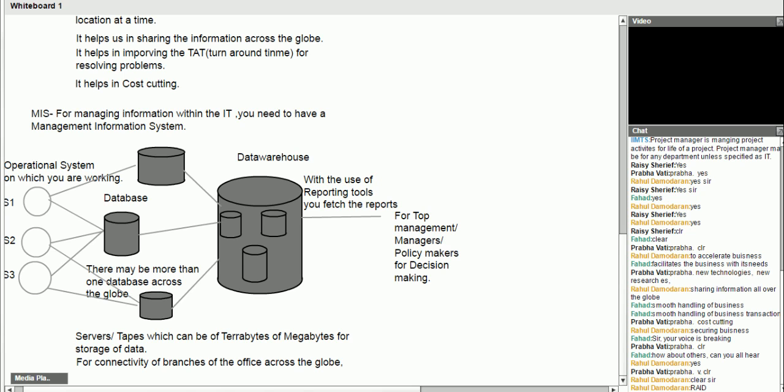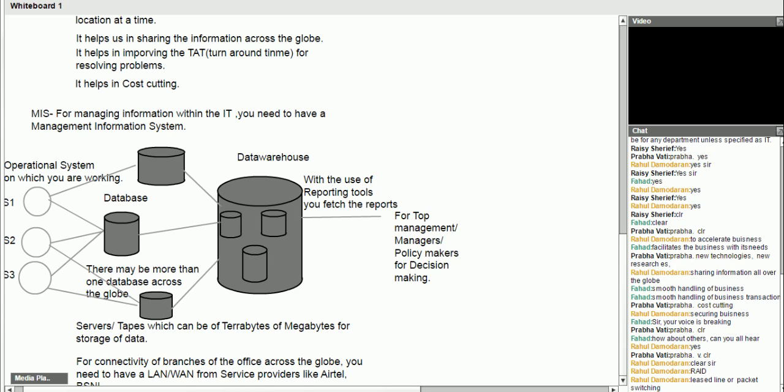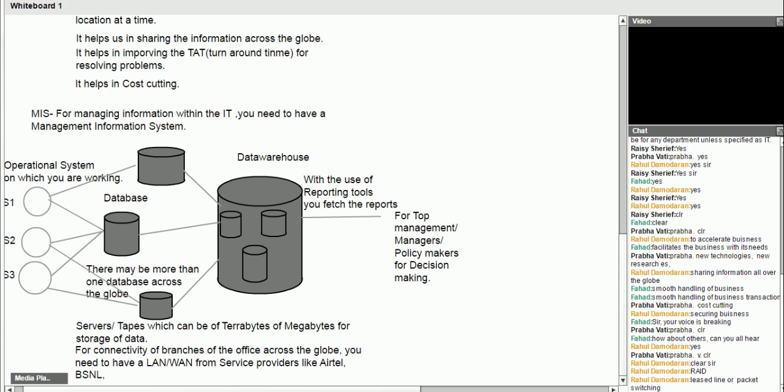You need to have a LAN or WAN from service providers like Airtel or BSNL, or Vodafone, etc. Yes, lease line you can say.